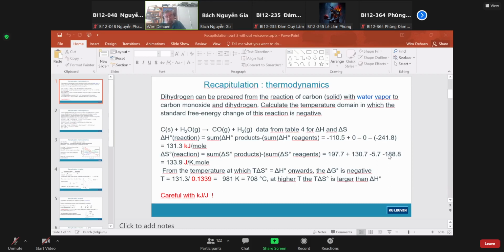So that means the temperature is 981 Kelvin, or if you want to express it in temperature Celsius, 708. So that means for this reaction to proceed spontaneously, you have to have a temperature of upwards of 708 degrees Celsius. So it's a very important industrial reaction, but you need high temperature.